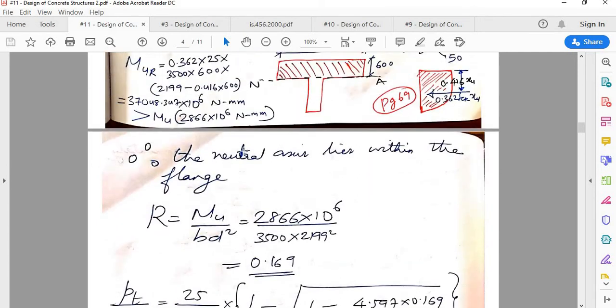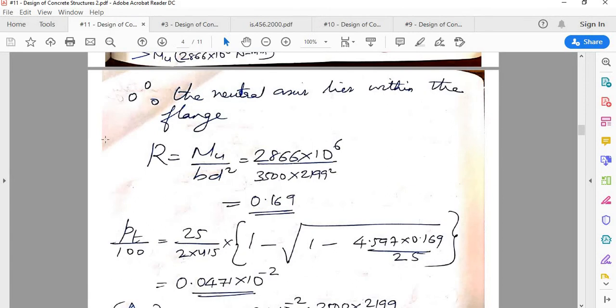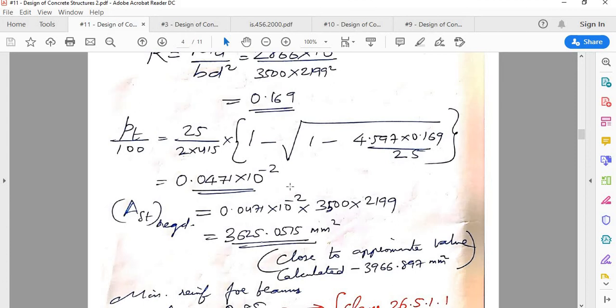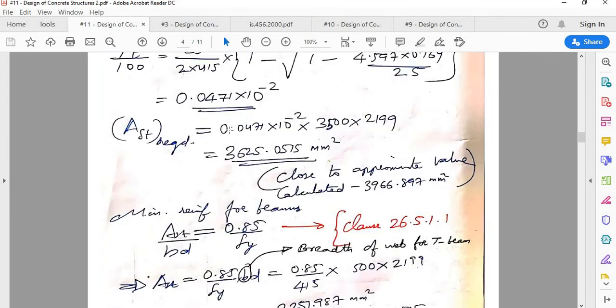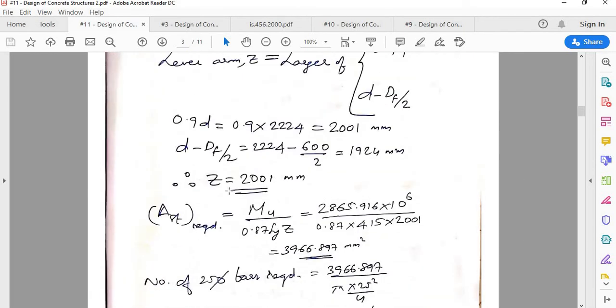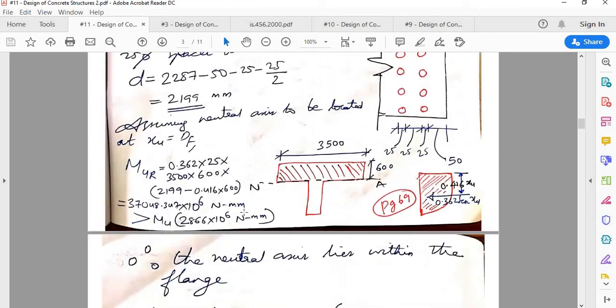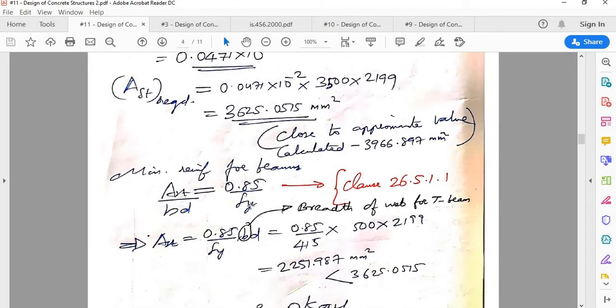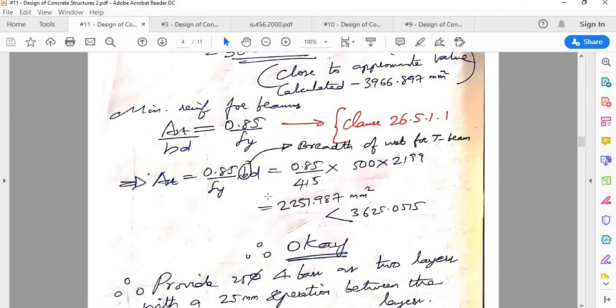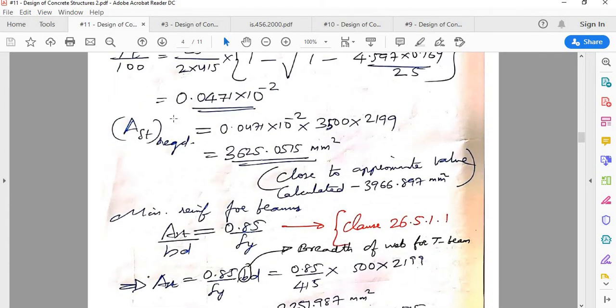So it means our problem is simplified. So now you can calculate Mu by BD square. So PT by 100 you can calculate, well known formula using which you can calculate AST. So this AST calculated now with the actual approach is closer to the initial approximate value we had arrived at. So the design is fine, which means 8 number of 25 dia bars are sufficient. Okay, so that is AST.